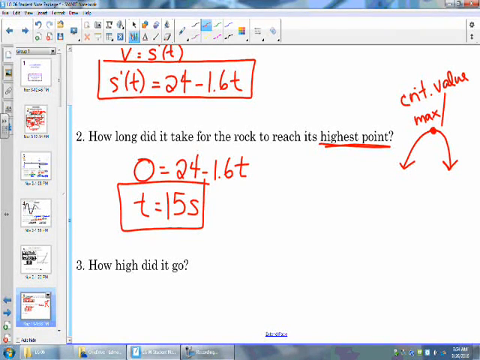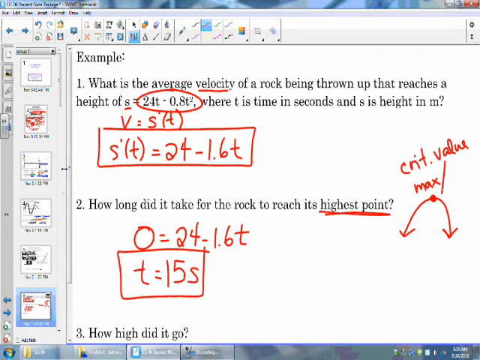How high did it go? Well, this is where I would need to come back to my original position graph. Remember, if I'm looking for coordinates or anything specific according to the movement, I have to go back to that original. Again, that's from Learning Guide 5. So if my maximum has to be here at 15 seconds, how high did it go?